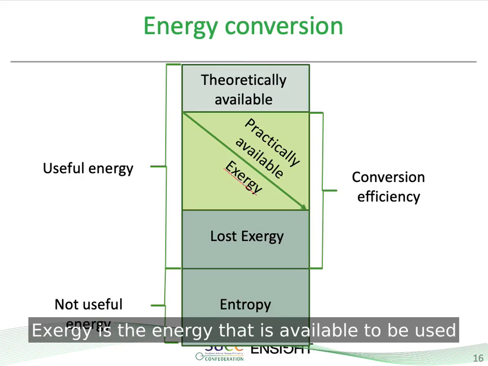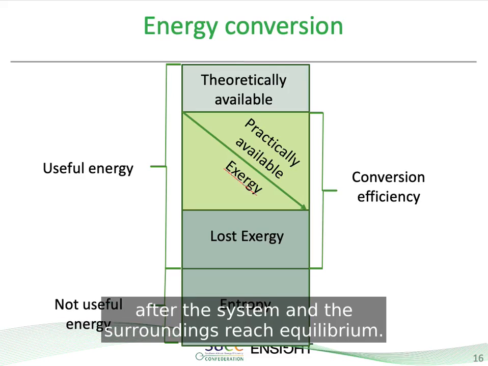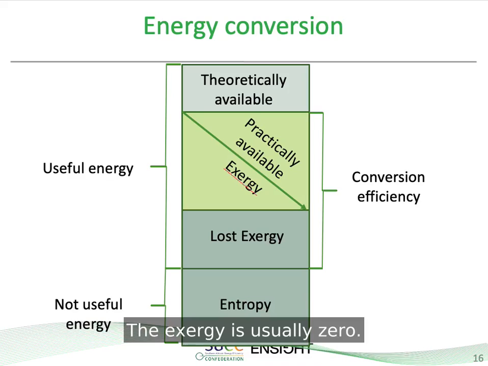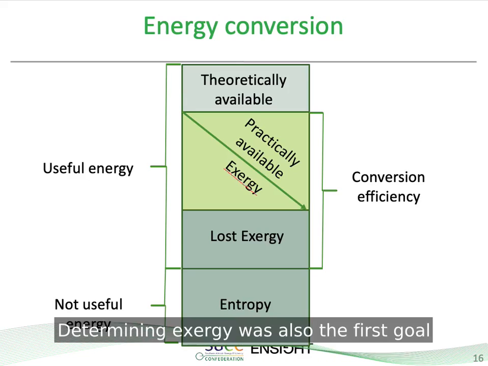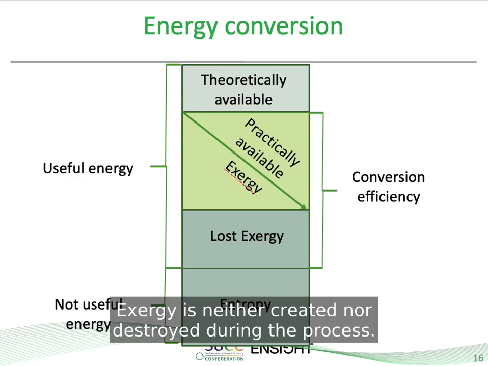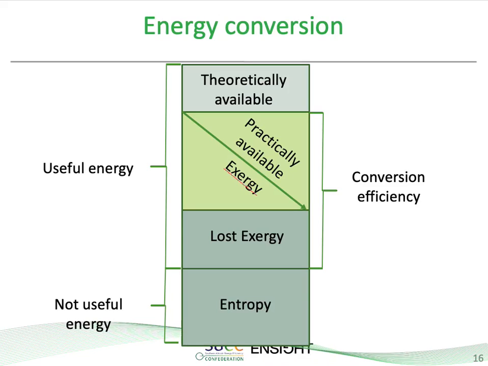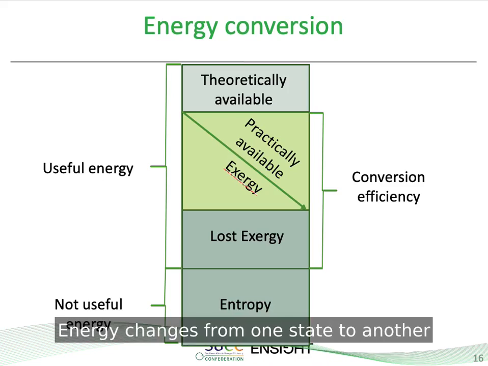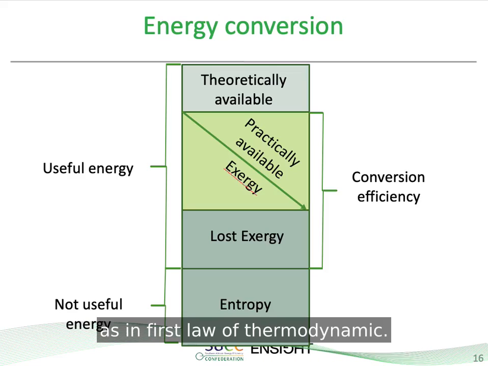Exergy is the energy that is available to be used after the system and the surroundings reach equilibrium. The exergy is usually zero. Determining exergy was also the first goal of thermodynamics. Exergy is neither created nor destroyed during a process. Energy changes from one state to another as in the first law of thermodynamics.